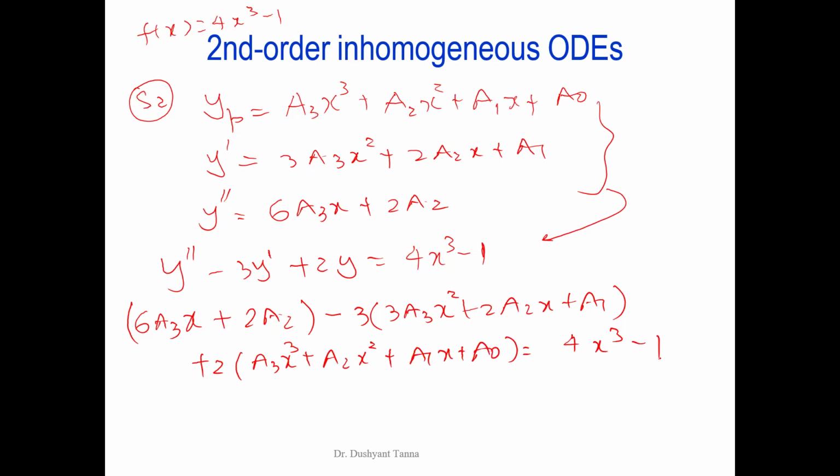Now we will compare the coefficients. If you want, what you can do is add plus 0x squared plus 0x minus 1. So it will be easy to compare the coefficients.